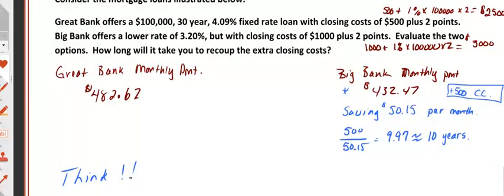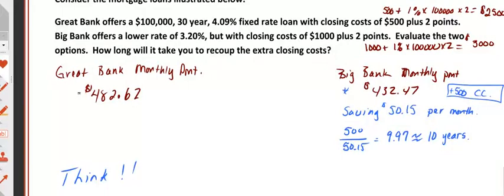So you may not be in this home but for just a couple of years. So do you want to put out the extra $500 knowing that you're not going to recoup that if you don't stay in the house at least 10 years? So you could consider Great Bank because you didn't have a larger outlay of cash there at the beginning.